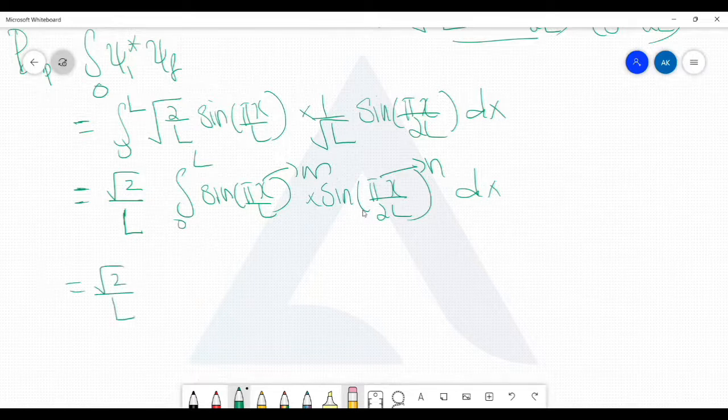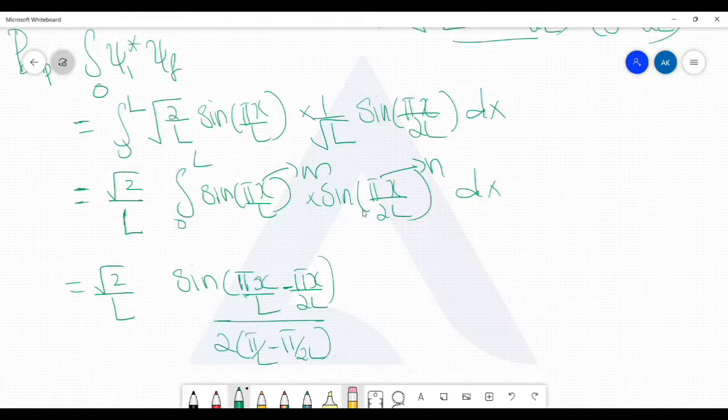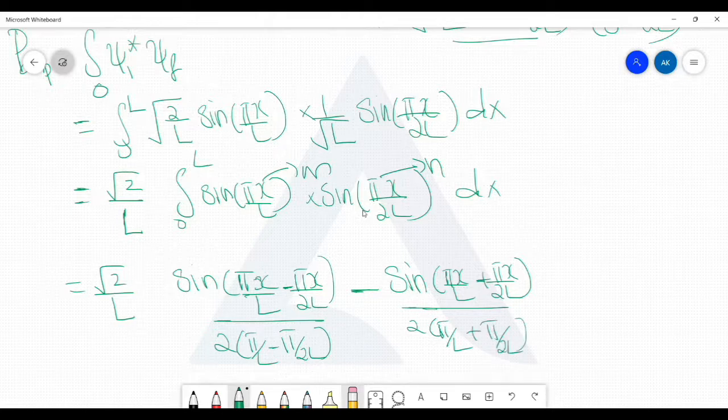That is equal to root 2 by L, sine of (m minus n) by 2 into (m minus n), that is pi x by L minus pi x by 2L by 2 into (pi by L minus pi by 2L), minus sine of (m plus n), pi x by L plus pi x by 2L divided by 2 into (pi by L plus pi by 2L), in the limit 0 to L.